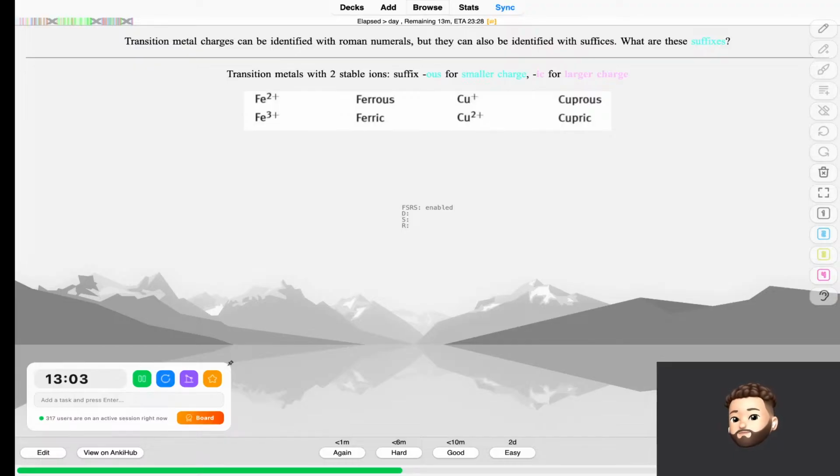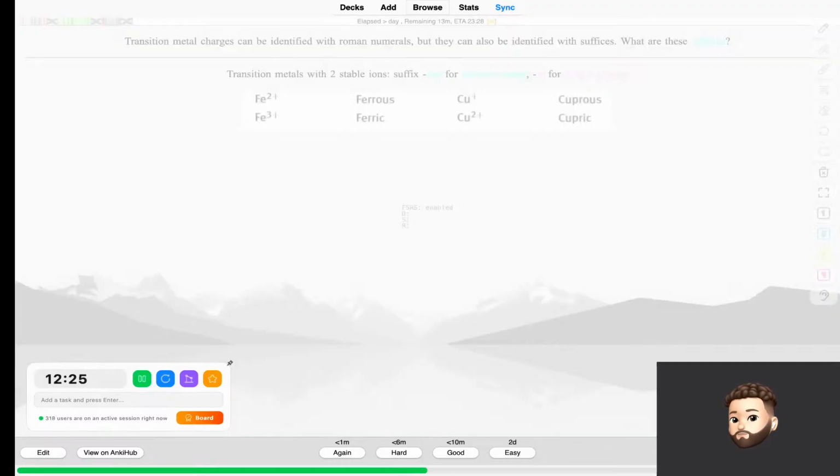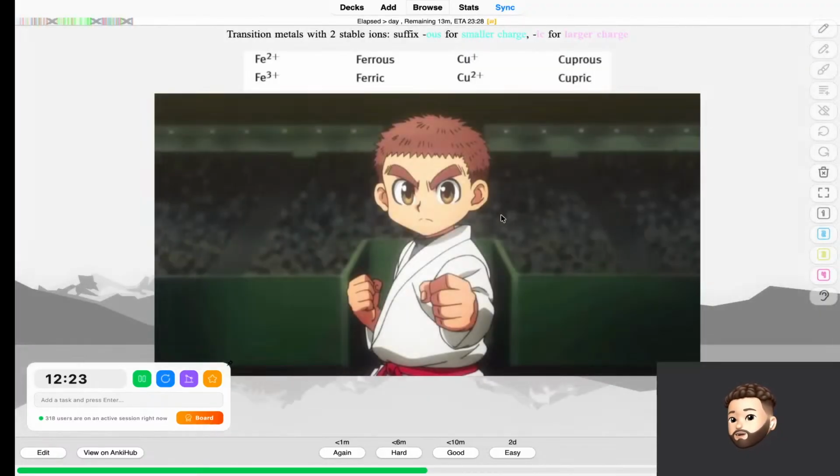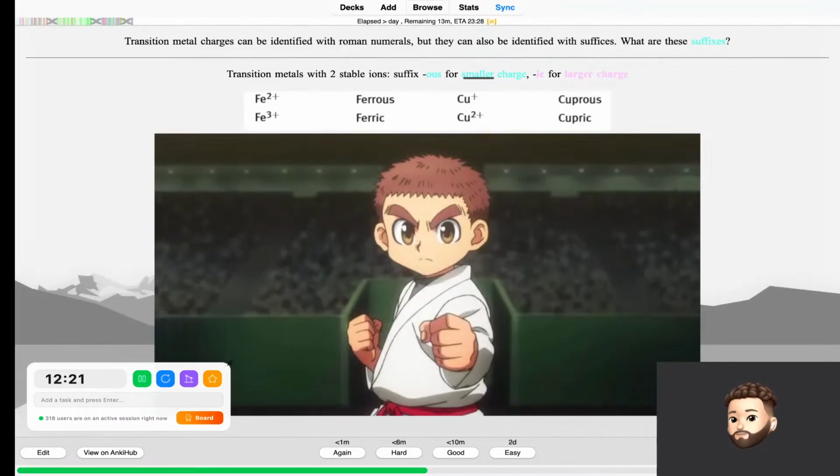So I'm gonna use it. I know he technically says OSU, but we're gonna pretend like he doesn't, and I'm gonna remember it that way. To be honest, smaller charge. He's a kid, so he's kind of small. That's how I remember the endings because it'll make it more interesting.